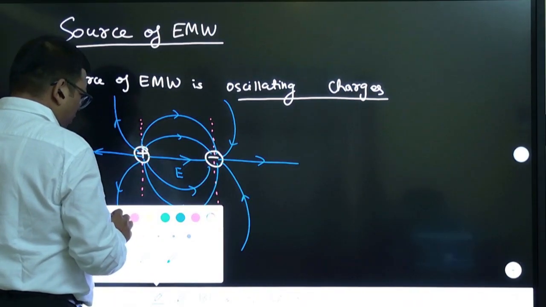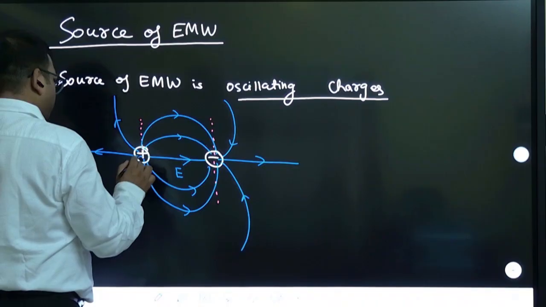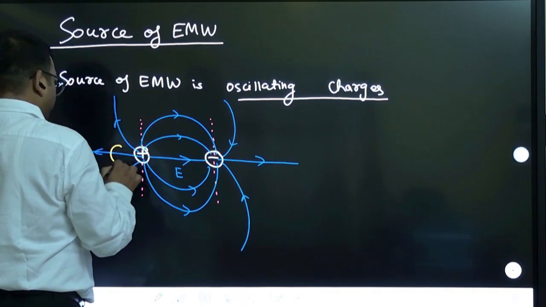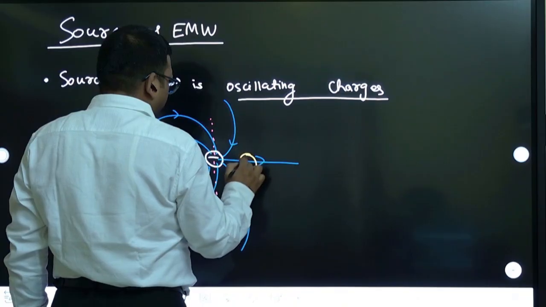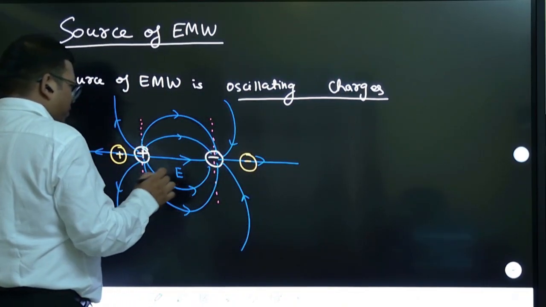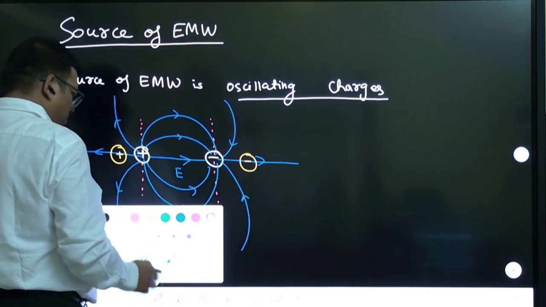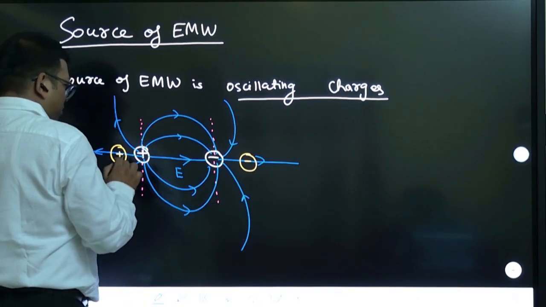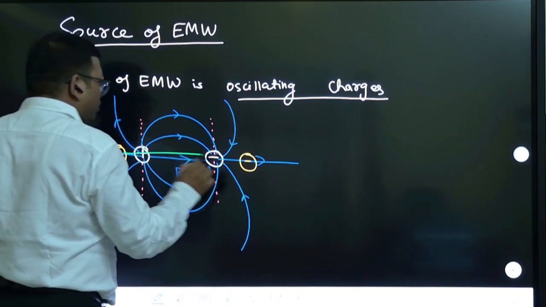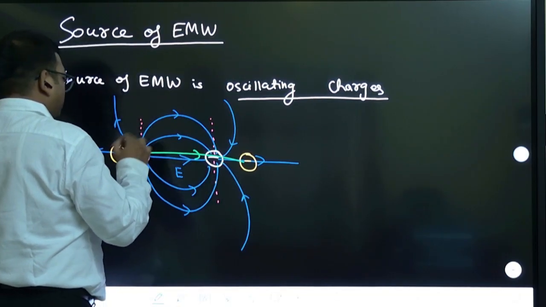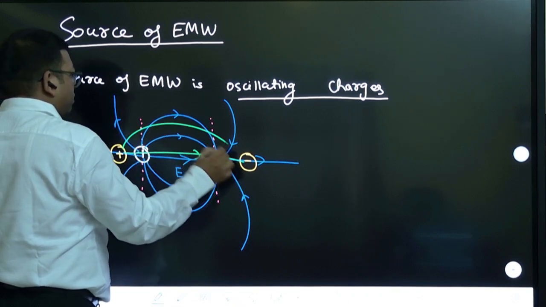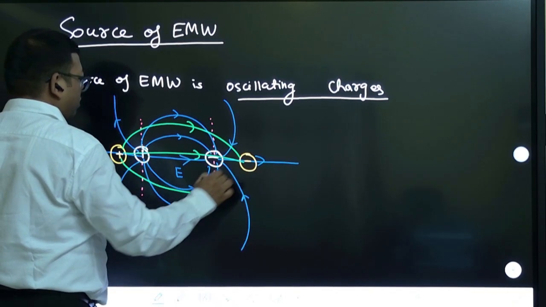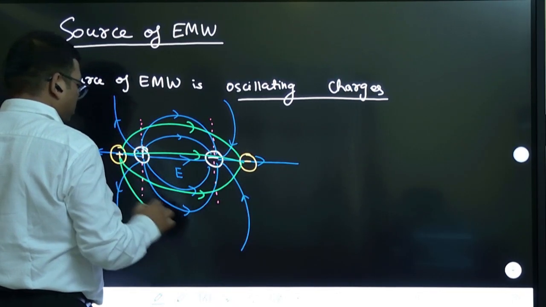This positive charge comes a little bit this side, and this negative charge also moves this side. Then this electric field lines also will be there. Now it will be going from here to here. I am drawing the next set of electric field lines like this.